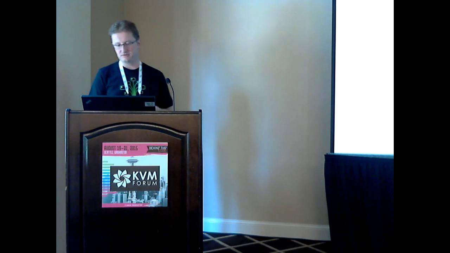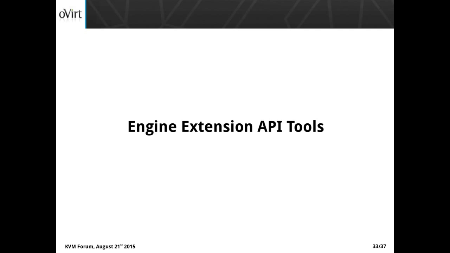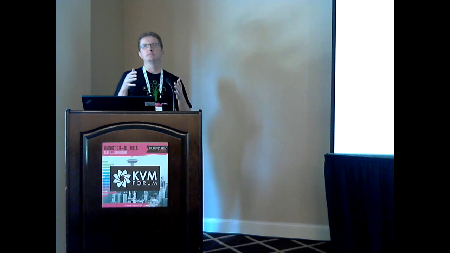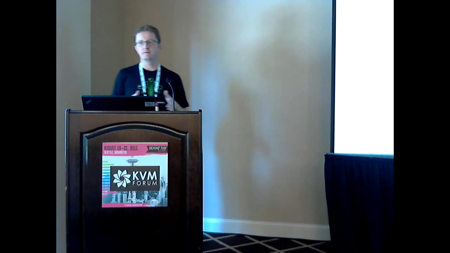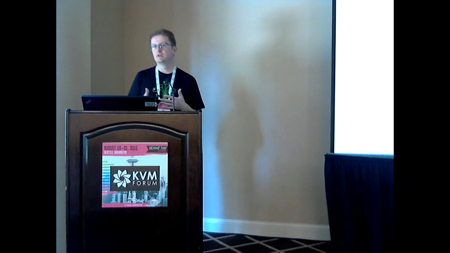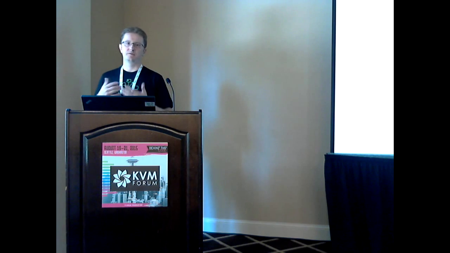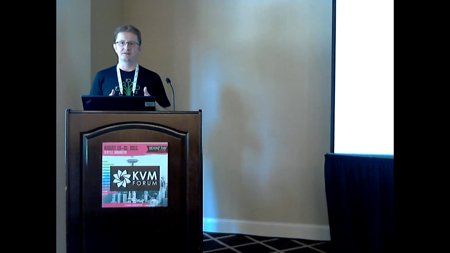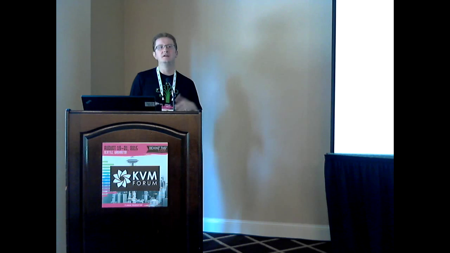No more questions? Okay, so the last part is the engine extension tools. In 3.5 version, the only way you could find out what extensions are installed, what they provide, and where they are located was to go to the proper directories, take a look at the configuration files, edit them, and find out what's in them.